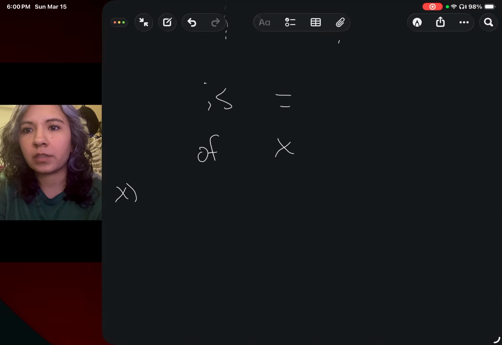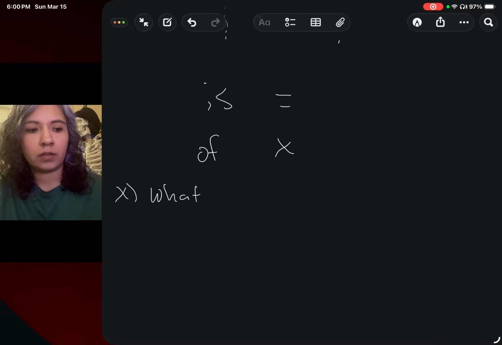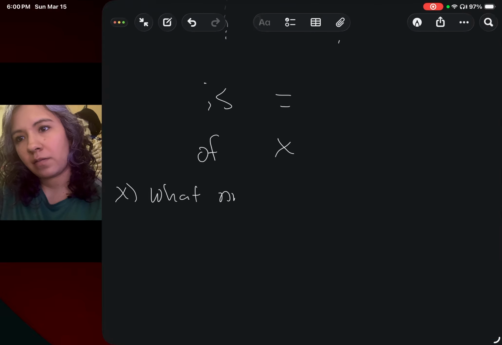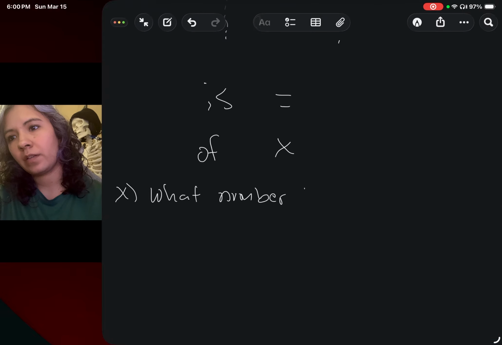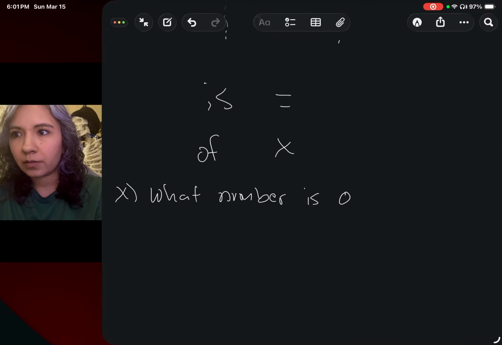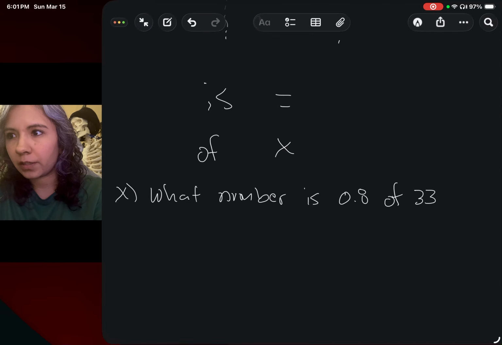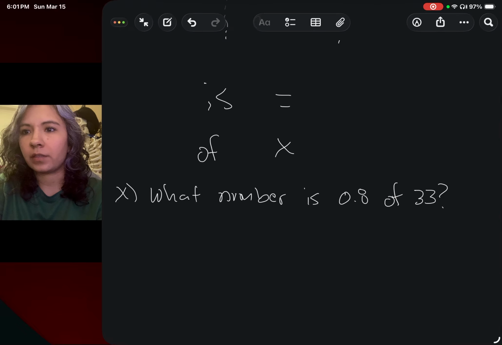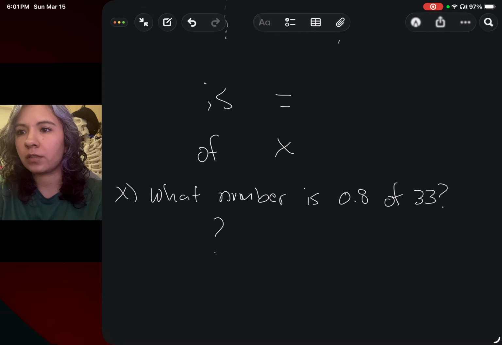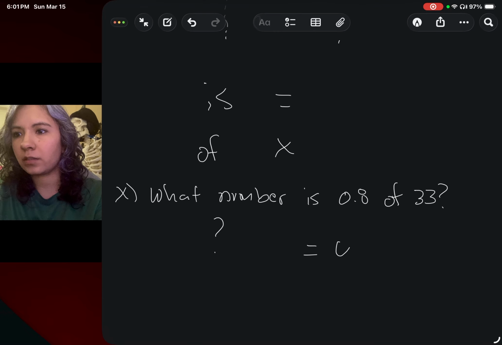So for our first example, what number is 0.8 of 33? Okay, so this is what we're looking for. "Is" is the equal sign. 0.8 "of" is multiplied by 33.